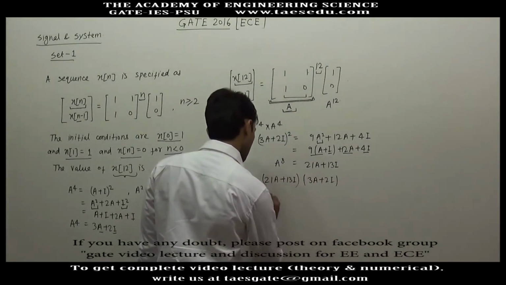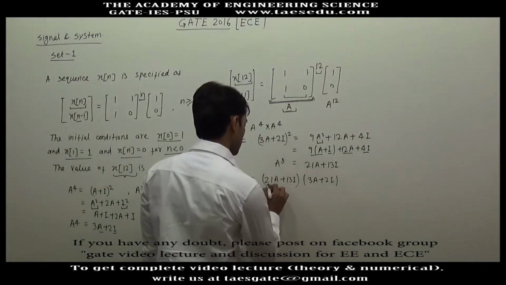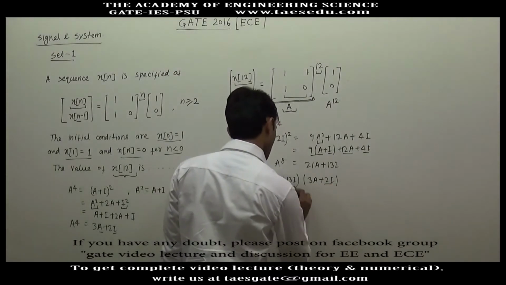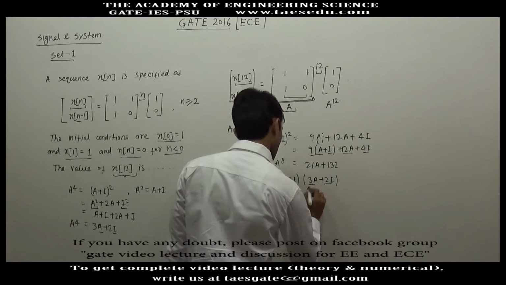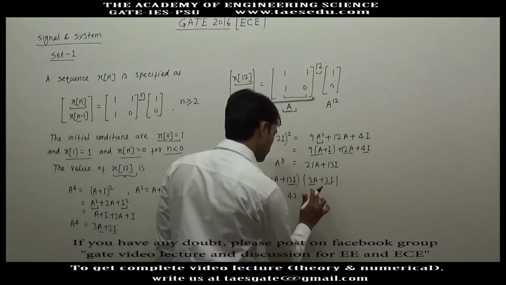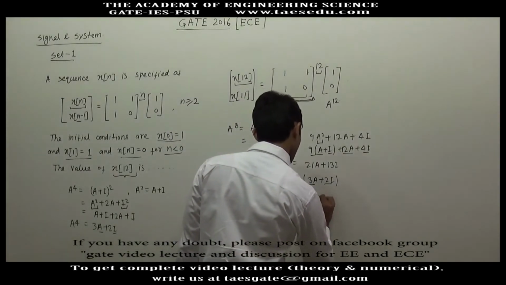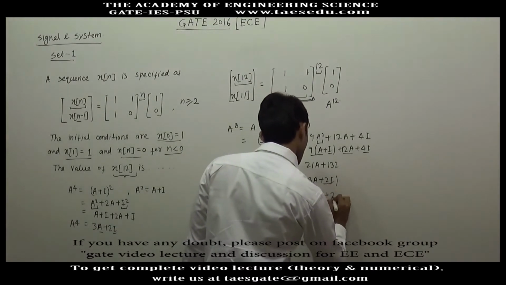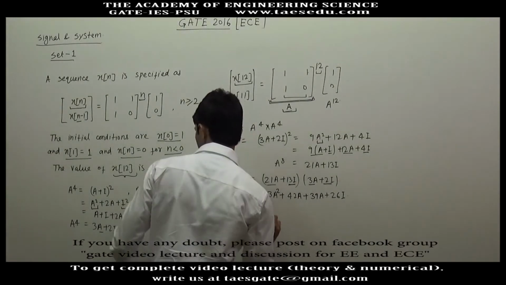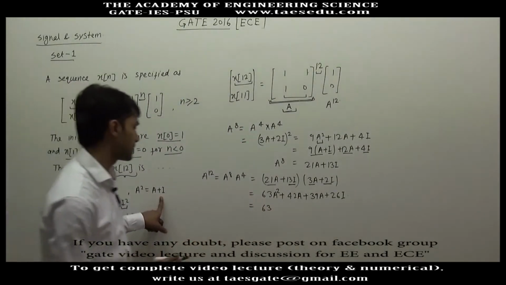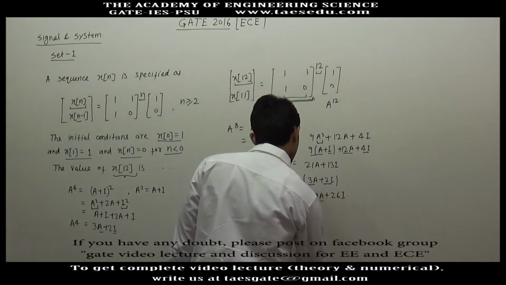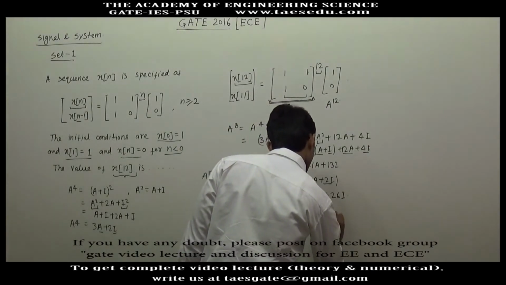So this will be equal to 63A square plus 42A plus 39A plus 26I, where 21A into 2I is 42A. I square is I. 63A square is 63A plus 63I. This gives 81A plus 26I.